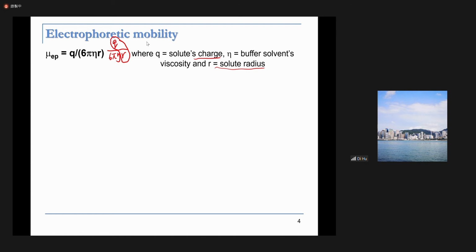Is it the ion radius itself, or the hydrated ion radius? Which form do you think? A or B? Hydrated. Very good. Thank you. So it should be hydrated. It's the same as what we talked about in ion chromatography. So here it should be hydrated.